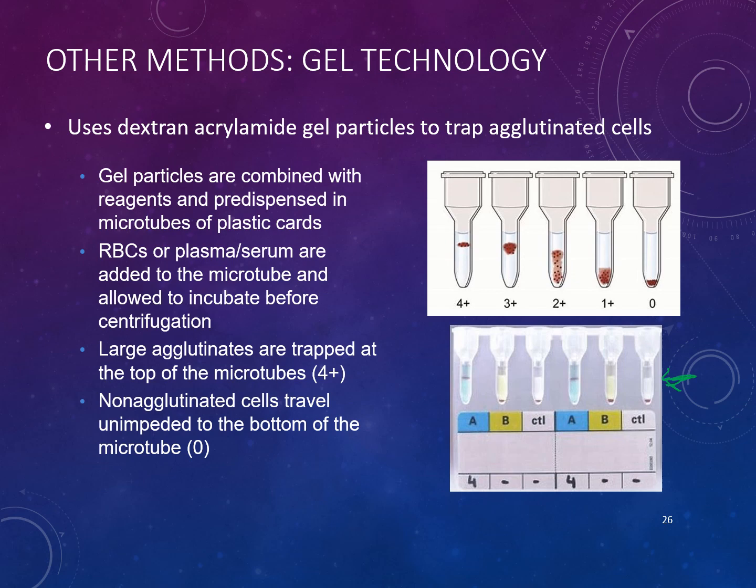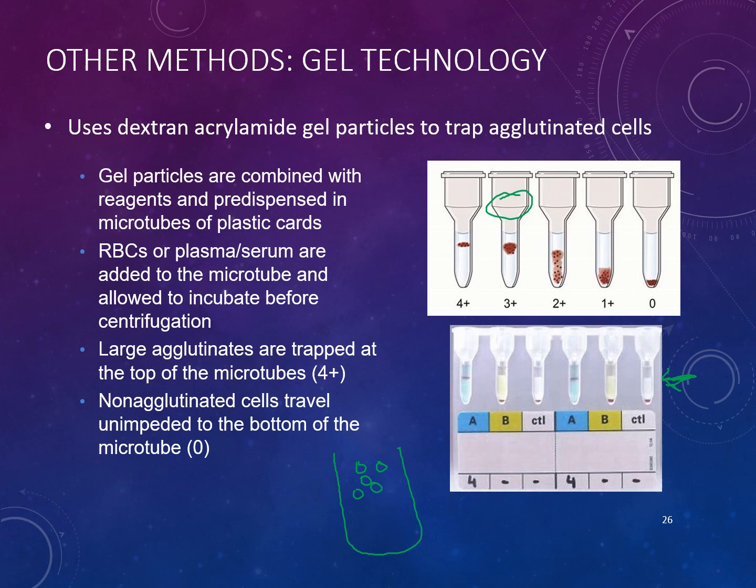Inside that well, you have all of these little gel particles bumped up against each other. Above it, in this little area, you mix your patient sample or your reagent red cells, or whatever goes inside of this, and then it goes through an incubation step or a centrifuge step or both.